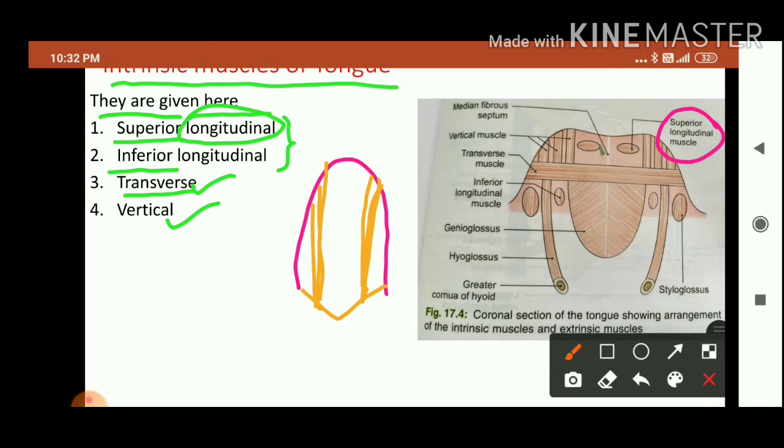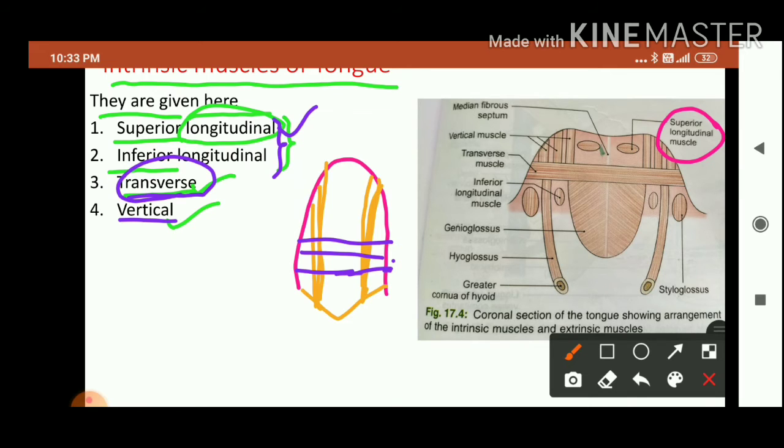What will the transverse muscles be? The transverse muscles are present like this. And what will the vertical muscles be? The vertical muscles are present perpendicular to both the longitudinal and the transverse muscles.